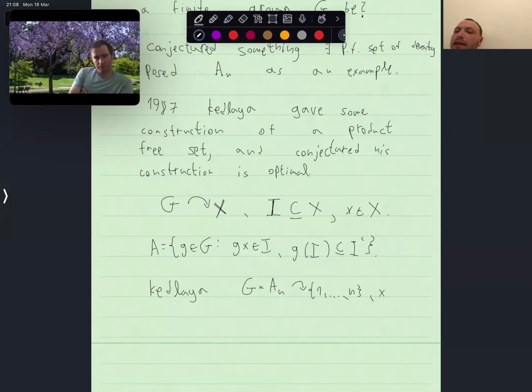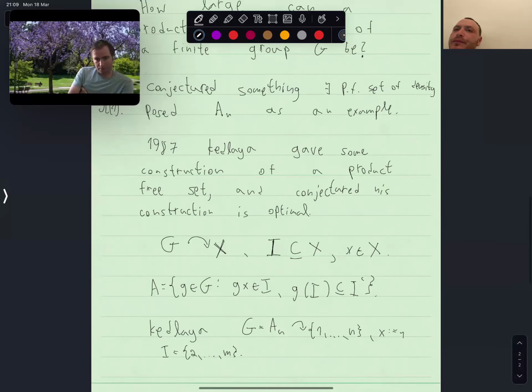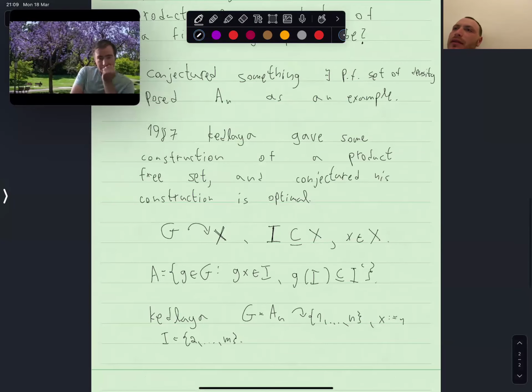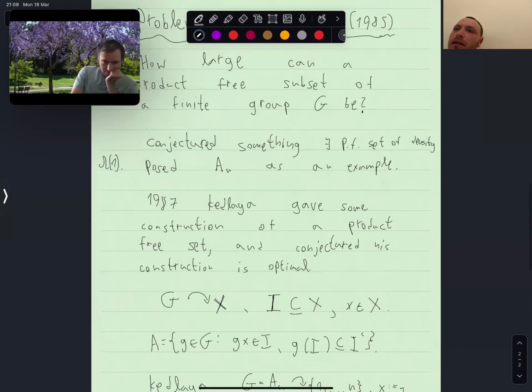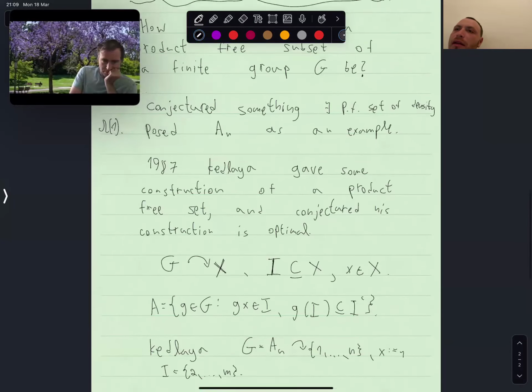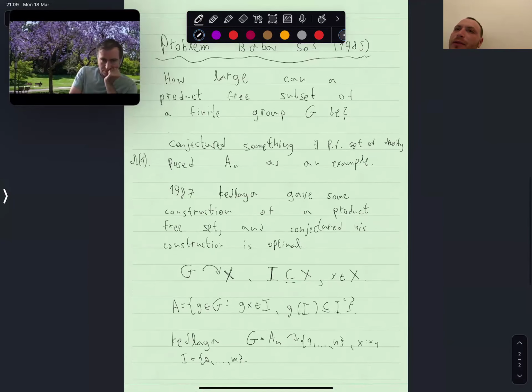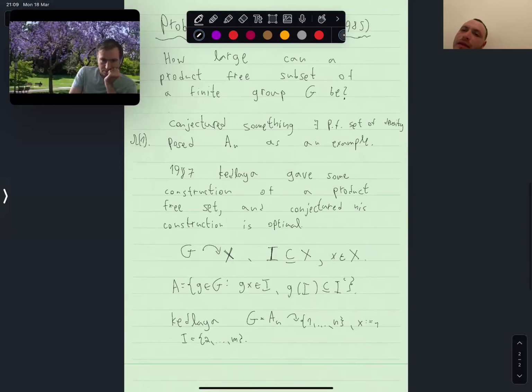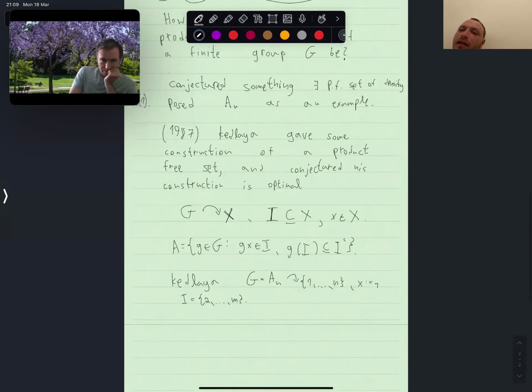And then you can take x to be 1 if you want, and I to be some set 2 up to m for an appropriate m. So basically in 1985, there was one conjecture, and then in 1987, there was a competing conjecture.